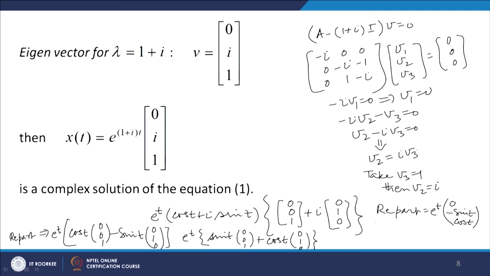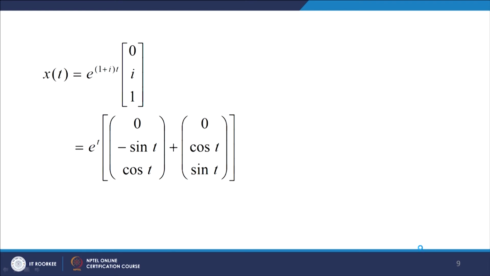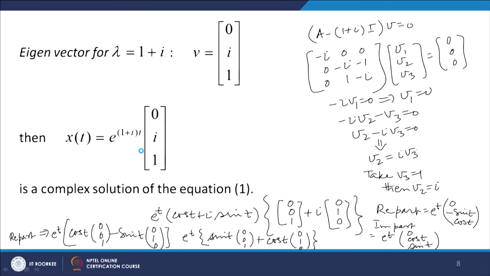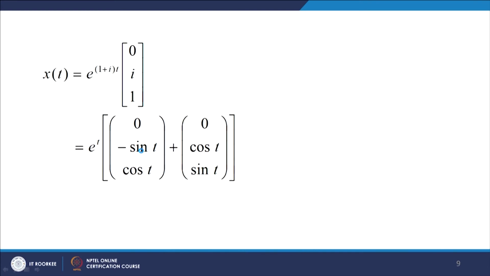So, this is the real part, and the imaginary part is equal to e to the power t times sin t into 0, cos t into 0, so 0, then sin t into 0, cos t into 1, so cos t, and then we have sin t into 1, so we have sin t. So, we get two independent solutions of equation 1, which are e to the power t times 0 minus sin t cos t, and then i times 0 cos t sin t.